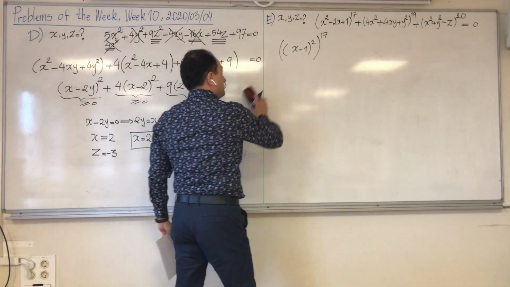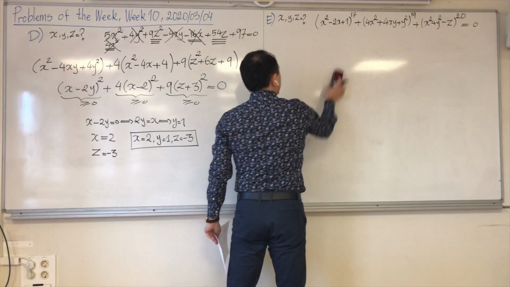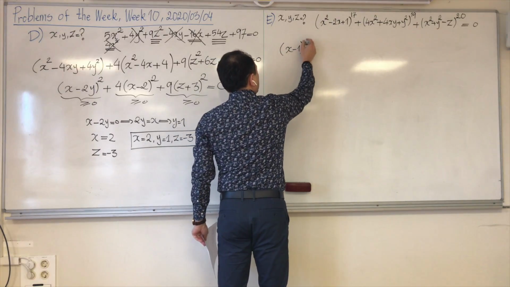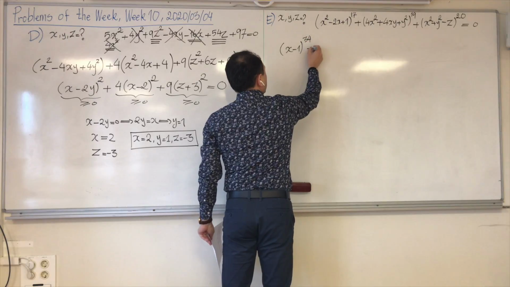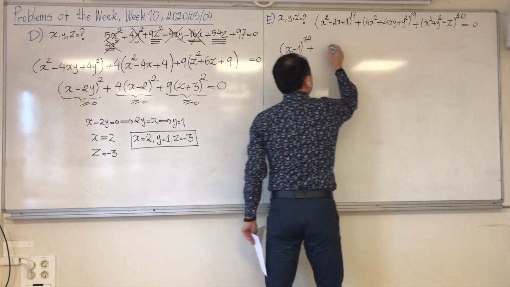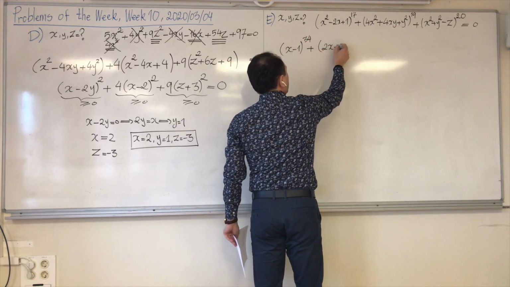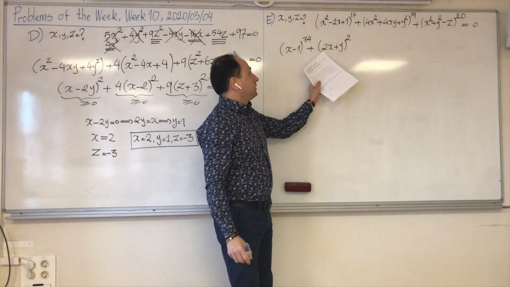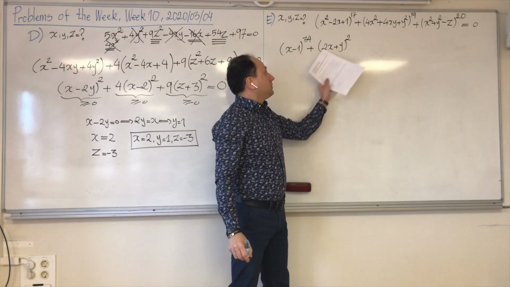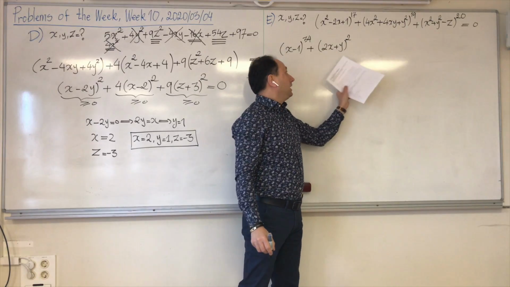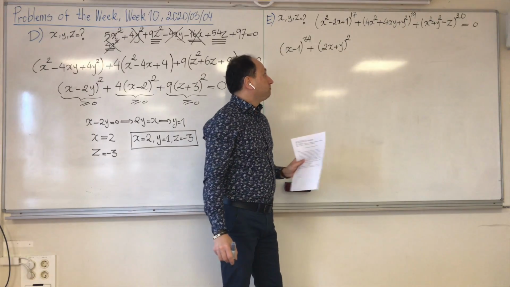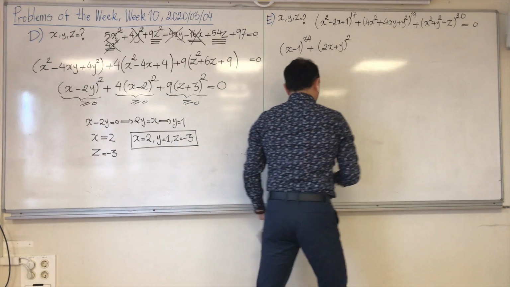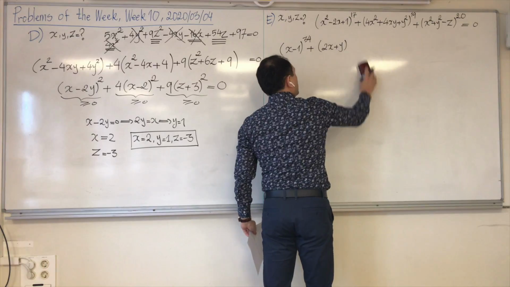So if you don't mind, let me write them compactly, yes? So this becomes (x minus 1) to the power of 34. And the same here. This is (2x plus y) to the power of 2, yes? The first one to the 2, the 2 times the first one times the second one, and the second one to the 2, yes? Okay, but then I raise it to power 19, so it becomes how much?